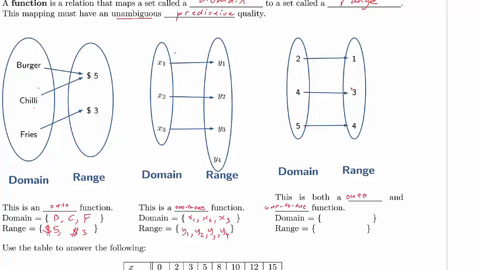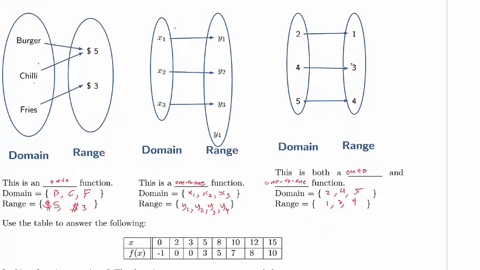Usually in graphing, you'd be pretty hard pressed to find a function that is one-to-one but not onto. All right, so the domain, well, that's going to be 2, 4, and 5, and then the range will simply be 1, 3, and 4, and that's it. That's how it goes.